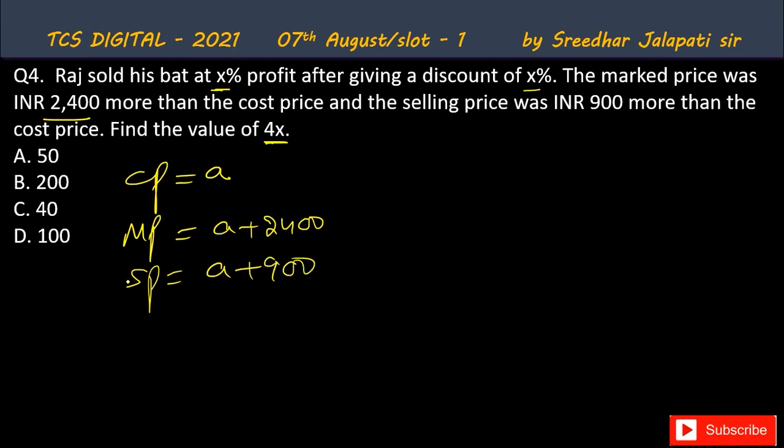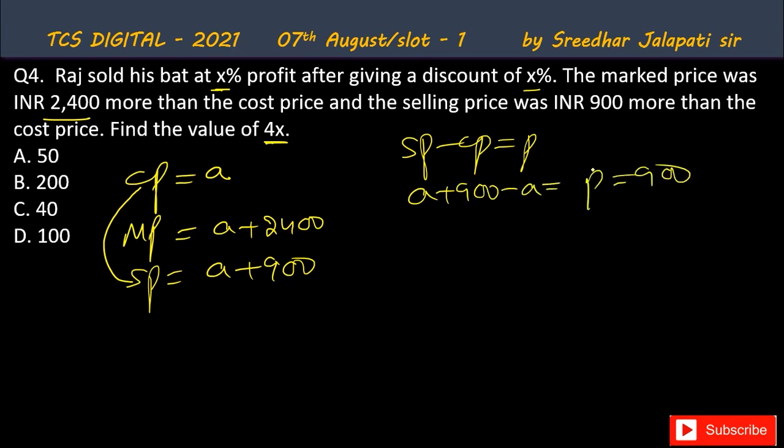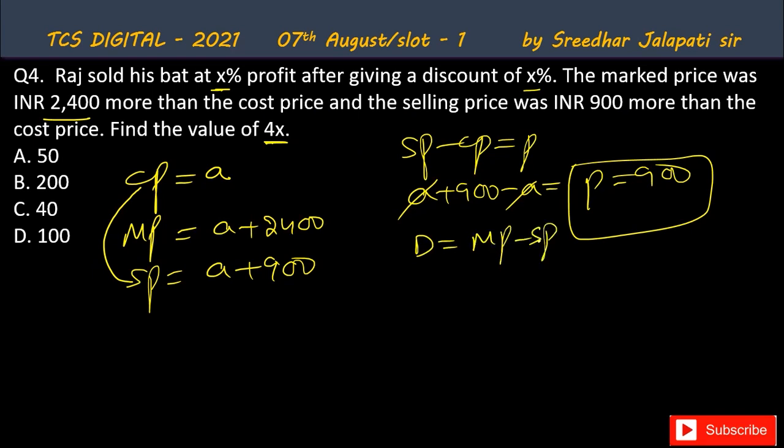By the way, selling price minus cost price is profit, right? That is A plus 900 minus A. So profit is 900, because plus A minus A get cancelled. And discount is market price minus selling price.